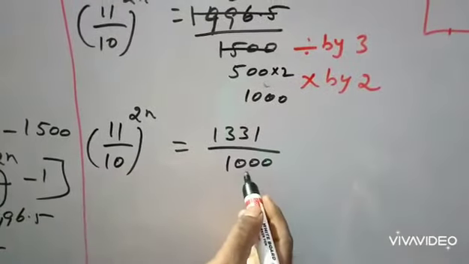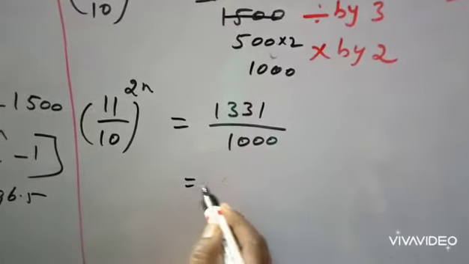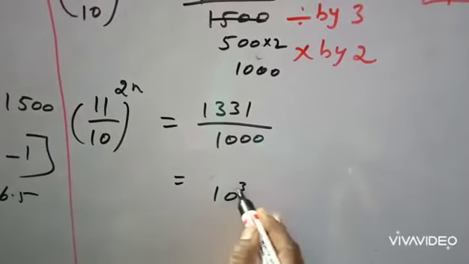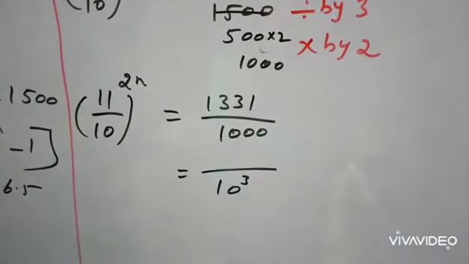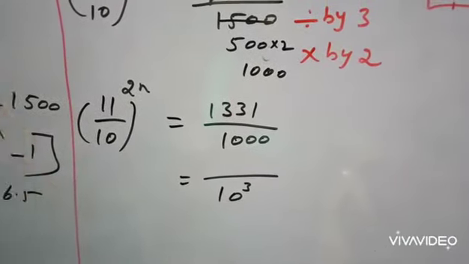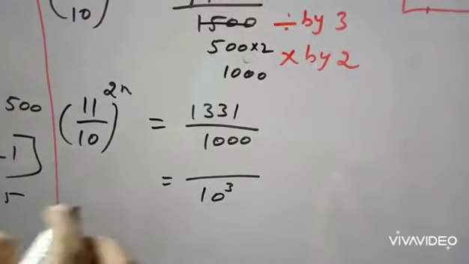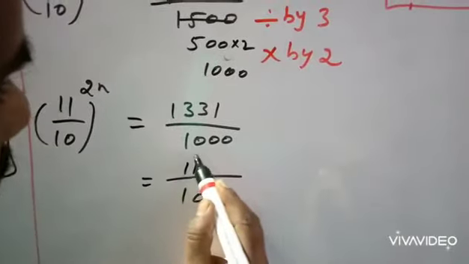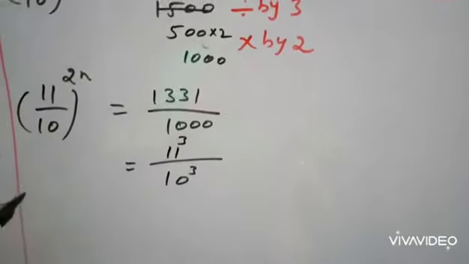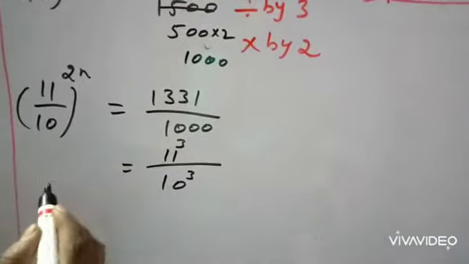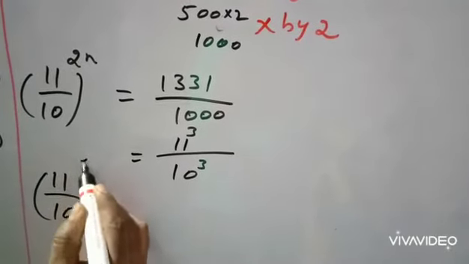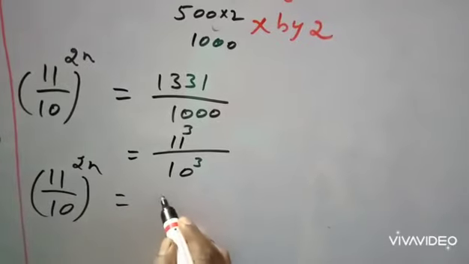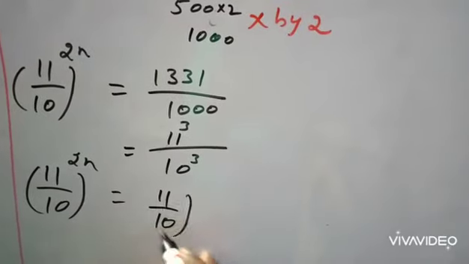Now this we need to come up with as a power. So 1000 we can write as 10 power 3. The numerator 1331 is a multiplication of 11 into 11 into 11, so 11 power 3. So on the left hand side 11 by 10 power 2n, right hand side also we have 11 by 10 power 3.